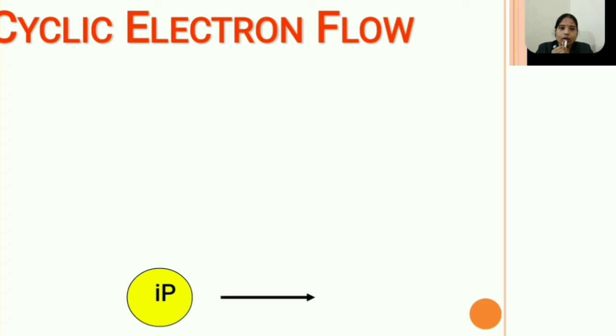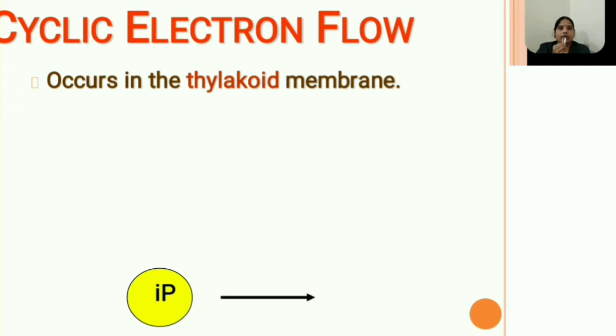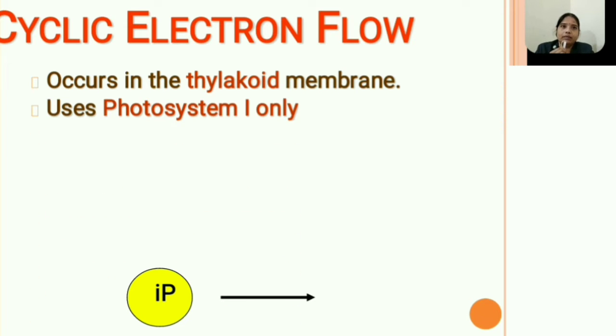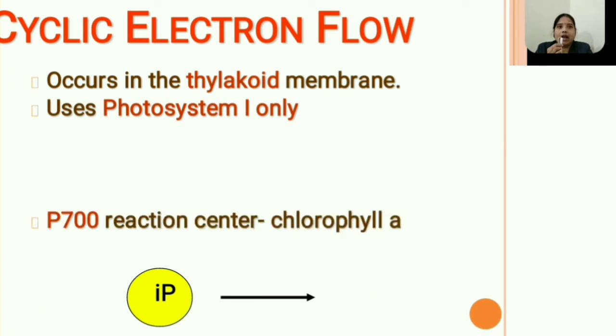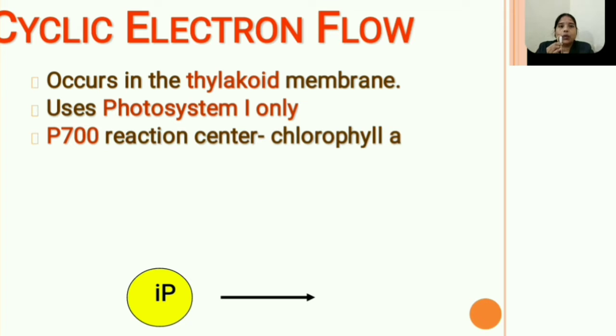Cyclic electron flow occurs in the thylakoid membrane. It uses photosystem 1 only. It takes place in bacteria. Photosystem 1 means P700 nm wavelength, the reaction center chlorophyll a.